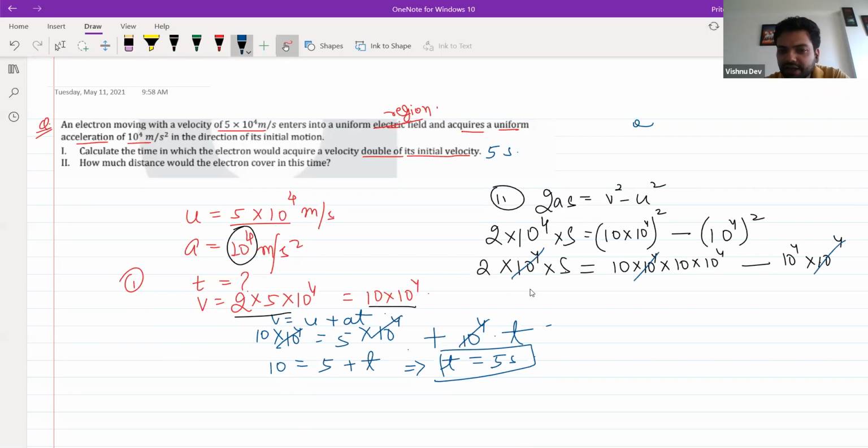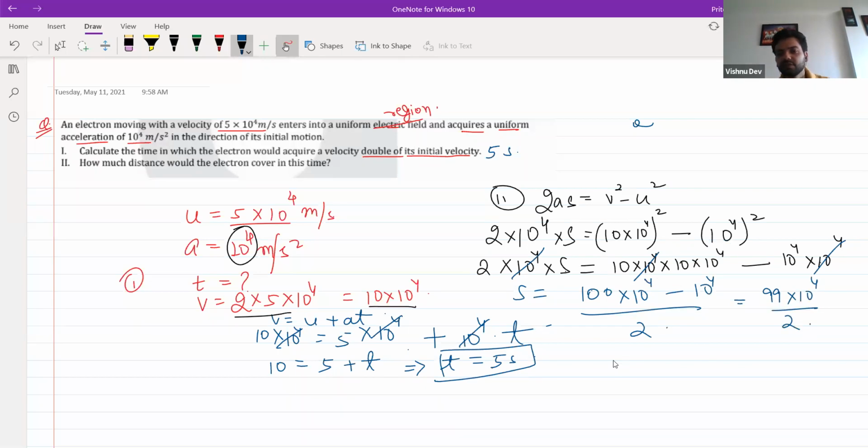So we will get S as 100 into 10 to power 4 minus 10 to power 4 by 2. You can see why I am moving ahead in terms of 10 to power 4, because it becomes very easy to subtract here. That's why I'm not combining and writing it as 10 to power 6 or anywhere. So this will be 99 into 10 to power 4 by 2.